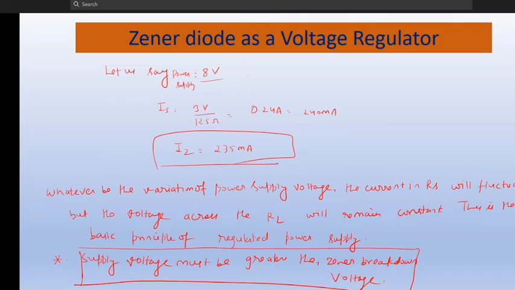As you say, I can stop it, but we will not be able to finish, because if time is less, I won't be able to do the numericals on Zener diode. Sir, turn on the recording.